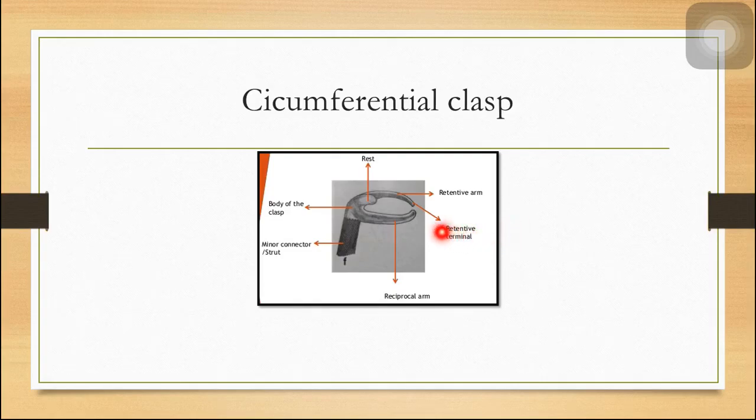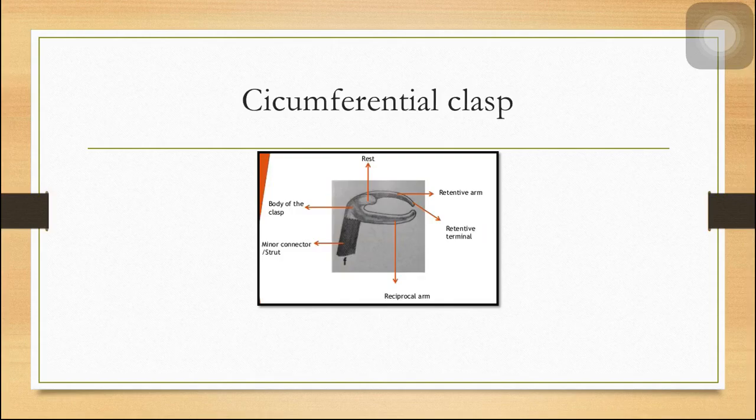There are different parts of the circumferential clasp arm. It originates and joins to the major connector with the help of a small minor connector, which leads to the body of the clasp. From the body of the clasp, all other parts originate, which include the rest, the reciprocal arm, and the retentive arm.